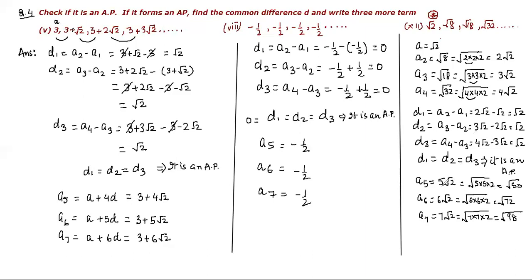So 5, when you take inside, you will write 2 times 5 since it is inside the square root now. And when you multiply and simplify the number inside the square root, it will become 50. So the fifth term of the AP is square root 50. The sixth term similarly will be square root 72. Similarly, the seventh term will be square root 98.